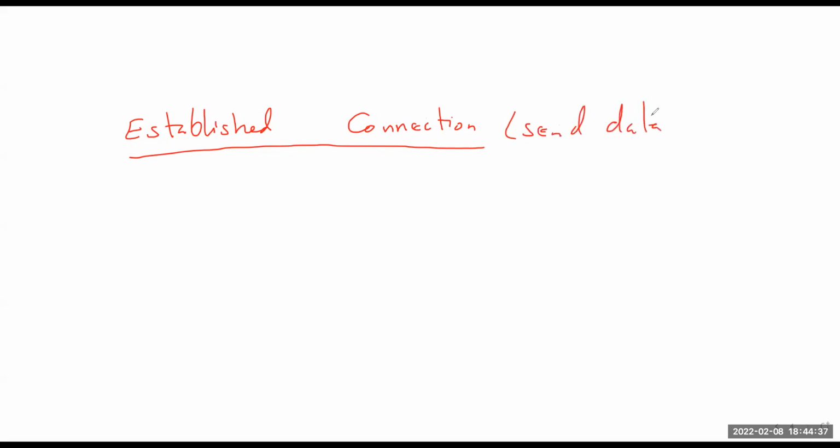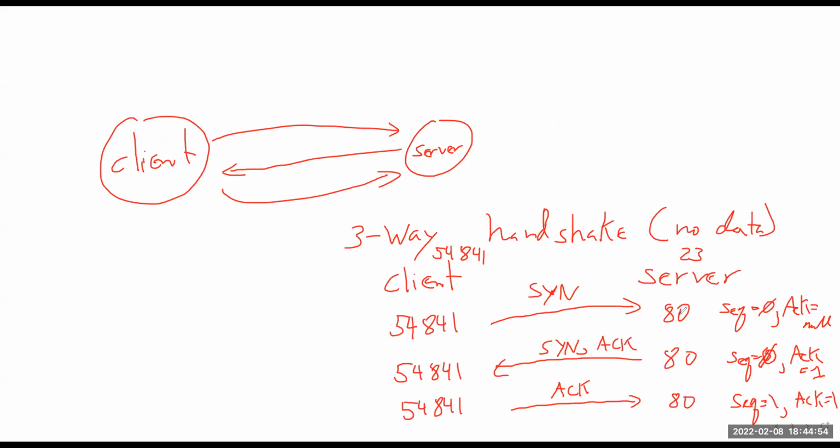Again, let's think about the same connection. So we have our client over here, and then we have the server over here, right? Still telnet, so I think it was port 23 that we said. Port 80, sorry about that.